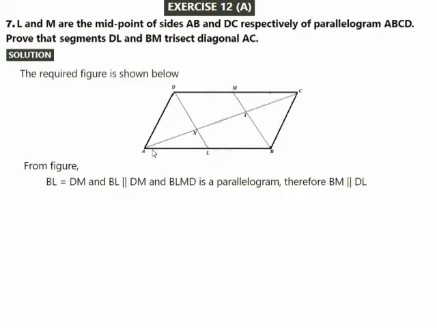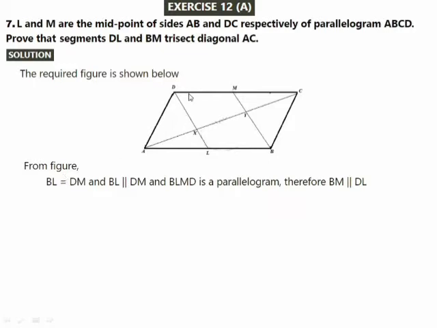Since this is a parallelogram, AB and DC are equal. On top of that, since M and L are the midpoints, DM will be equal to CM, and similarly AL will be equal to BL. That's why DM will be equal to BL. From the figure this is clear.